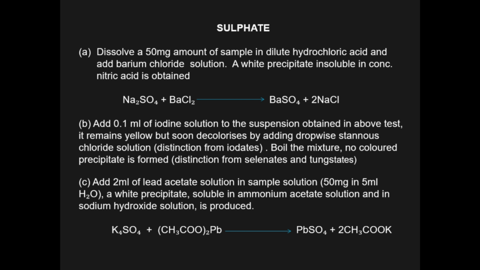The third method, add 2 ml of lead acetate solution to the sample solution, 50 mg in 5 ml water. A white precipitate soluble in ammonium acetate solution and in sodium hydroxide solution is produced. Potassium sulfate reacts with lead acetate to give lead sulfate and potassium acetate. So lead sulfate here is the white precipitate you see.